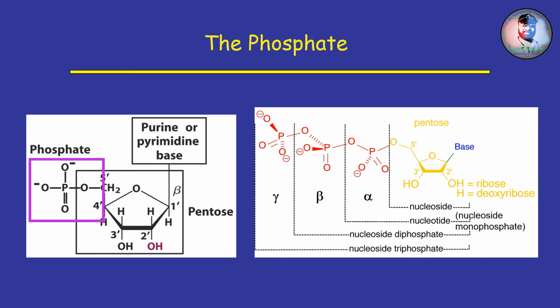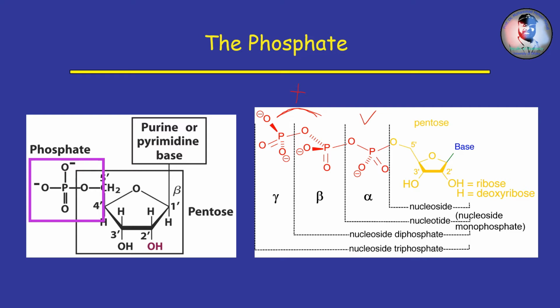When a nucleotide joins with another nucleotide during nucleic acid synthesis, only the alpha phosphate is retained, and beta and gamma phosphates are lost as pyrophosphate, which is subsequently hydrolyzed to yield two molecules of inorganic phosphate.